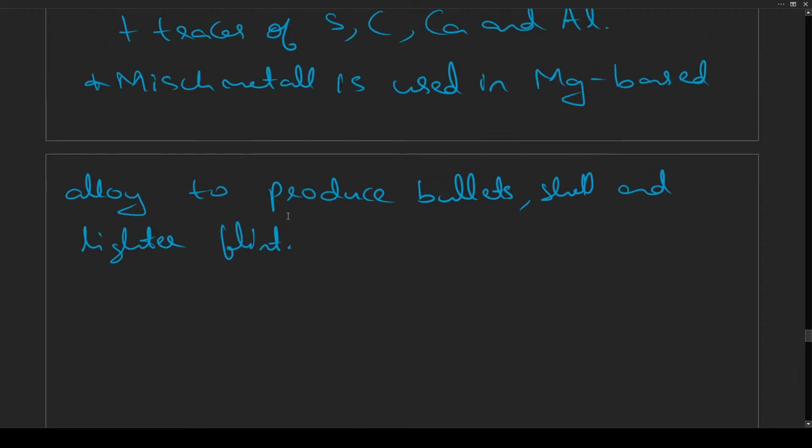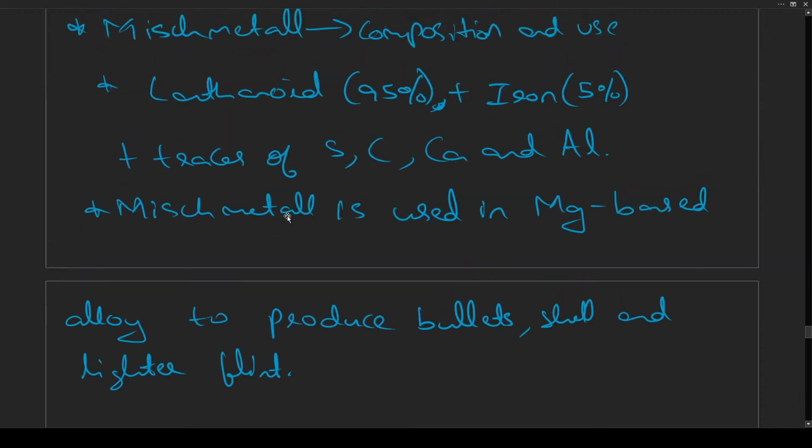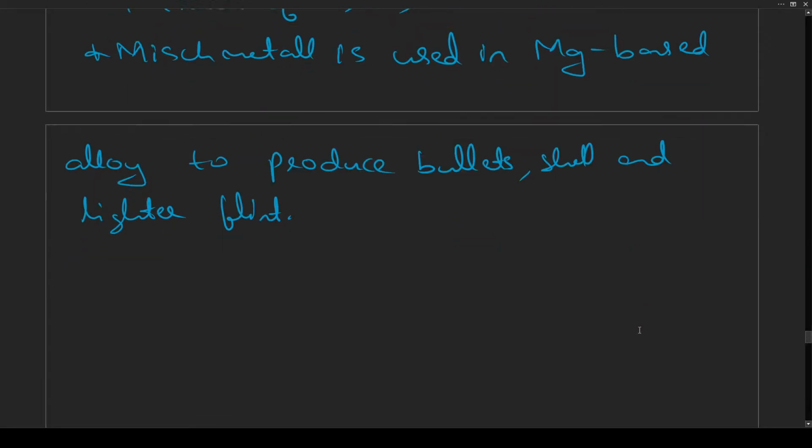That's about mixed metal, basically used in bullet making. Its composition is 95% lanthanoid, 5% iron, and traces of sulfur, carbon, calcium, and aluminium.